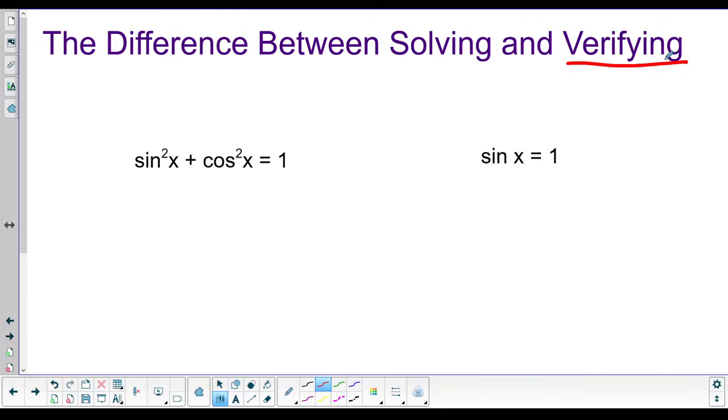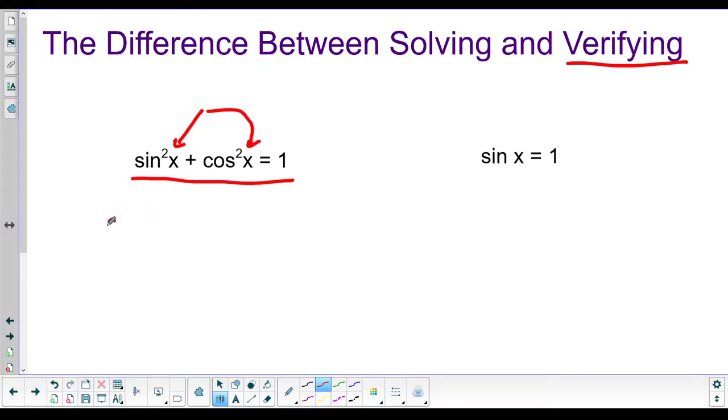The difference between these things is the fact that we've been using identities, and identities are true regardless of the value of x. So let's look at this equation right here. Regardless of what value of x we plug in here and here, this thing is always true.